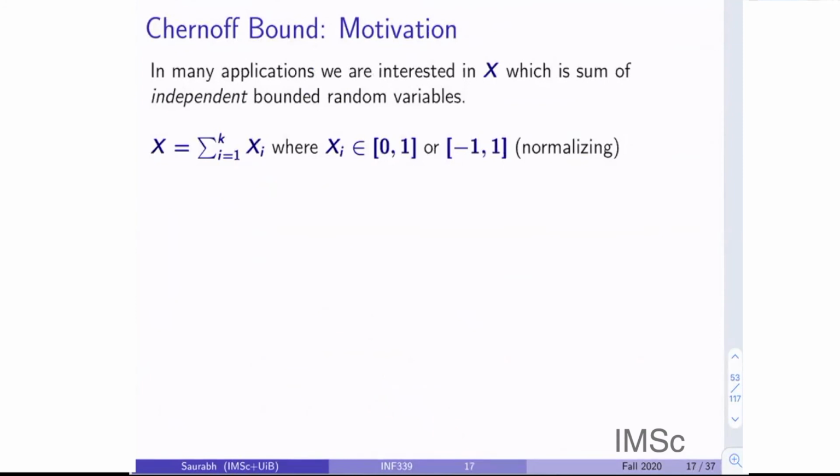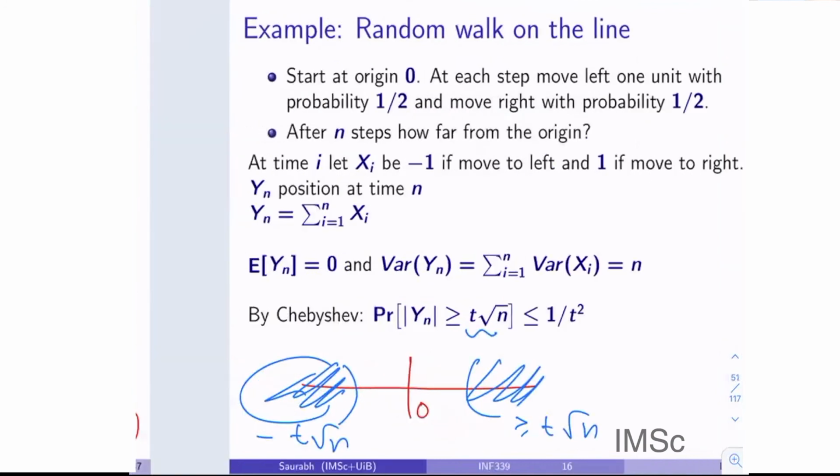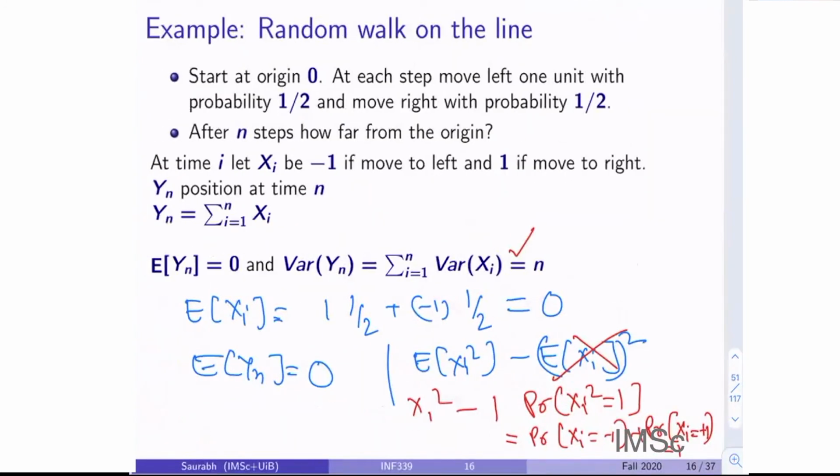In many applications, what we are interested in is X, which is a sum of independent bounded random variables. Now you can ask yourself, in the kind of applications where we have been using this, what are we trying to compute? Some expectation of xi square, expectation of something here.